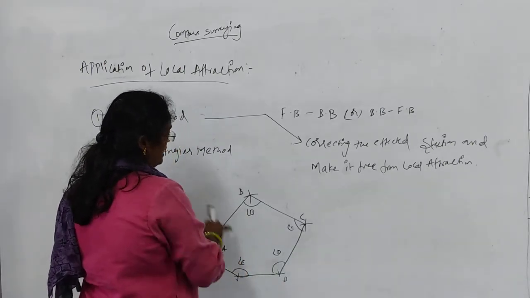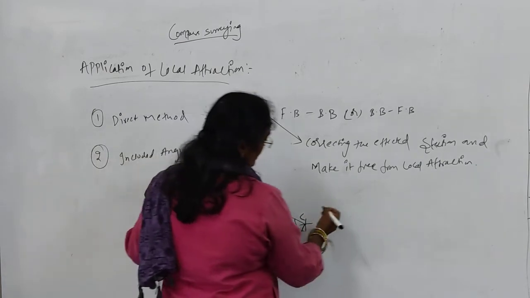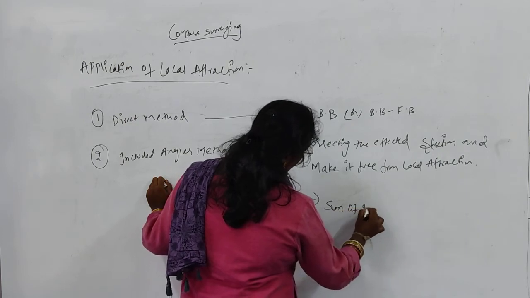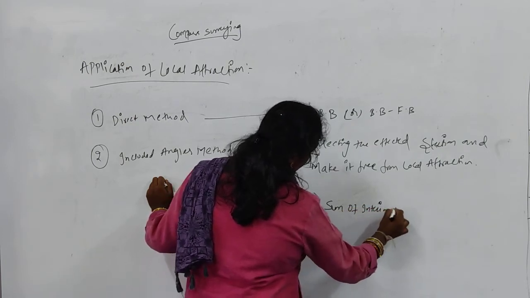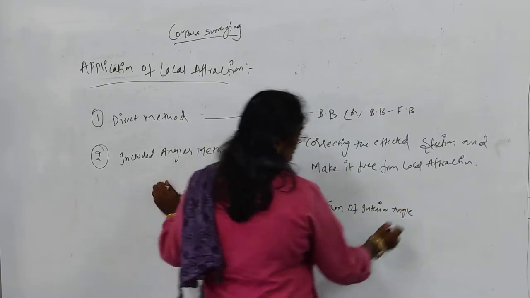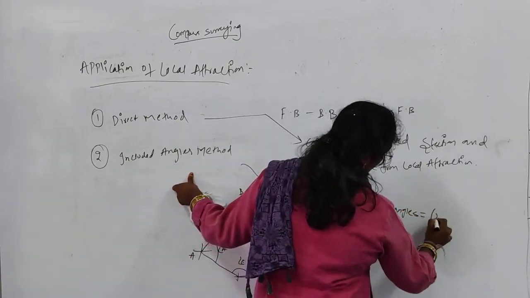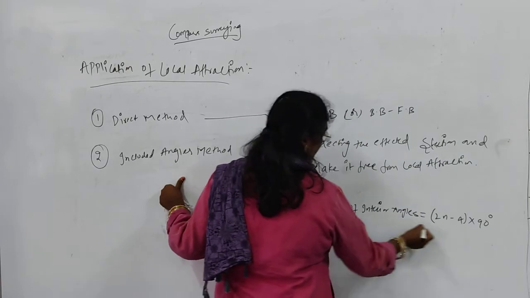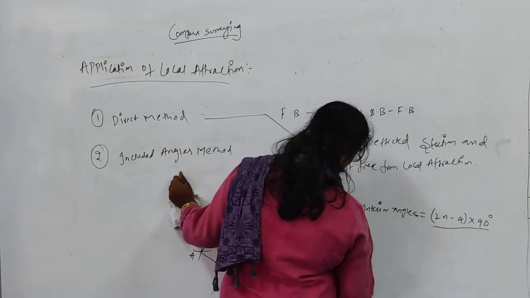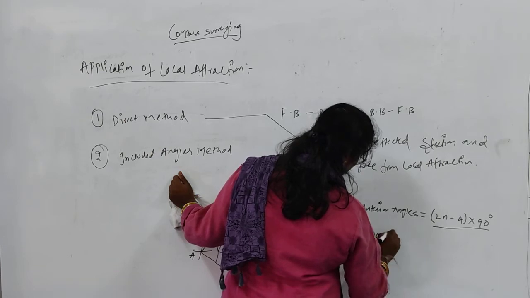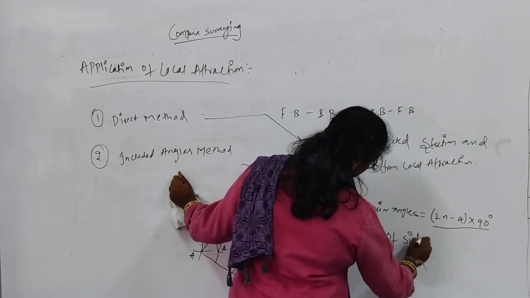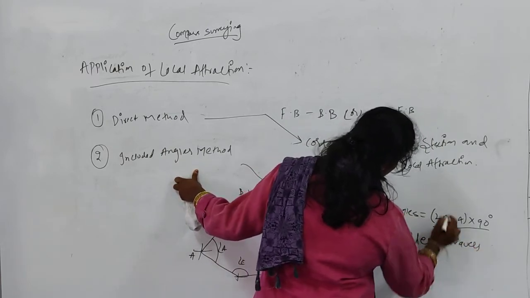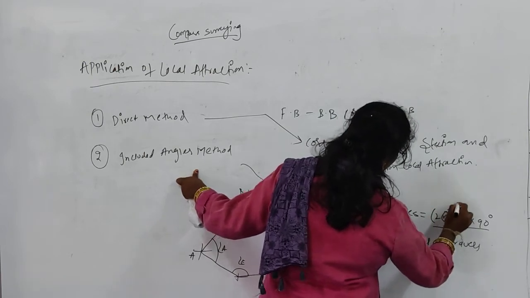The sum of interior angles should be equal to (2n minus 4) into 90 degrees, where n is the number of sides of the traverse. For a pentagon n is equal to 5.